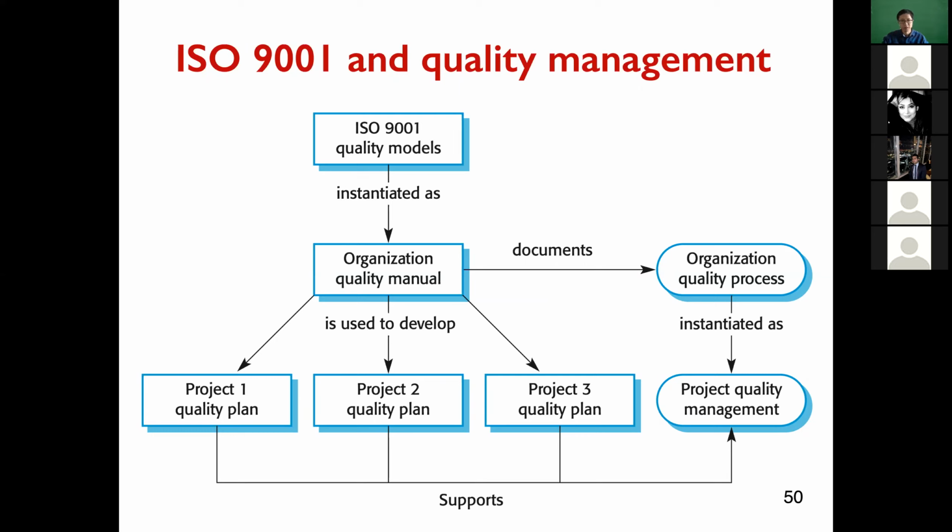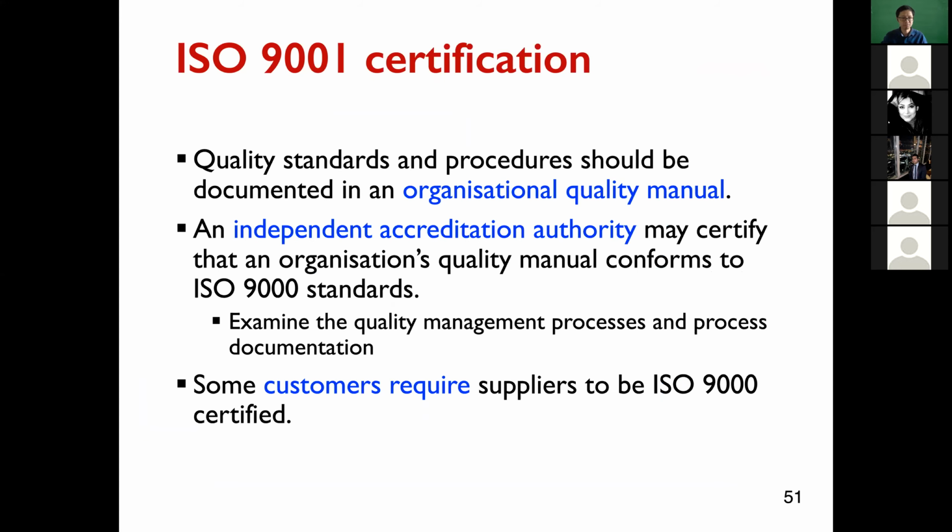Based on this process, you follow the ISO 9001 standard, and then you can get certified. But there should be a process for the certification itself. First, you have already followed the process and you have an organization quality manual.